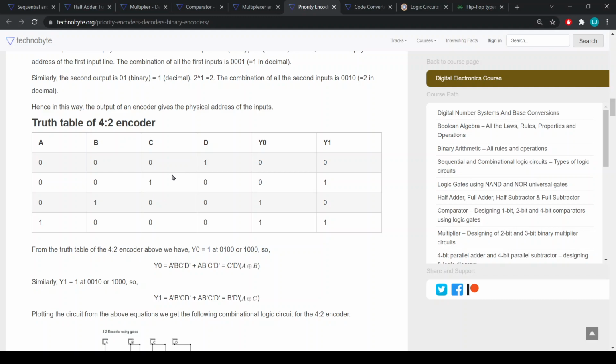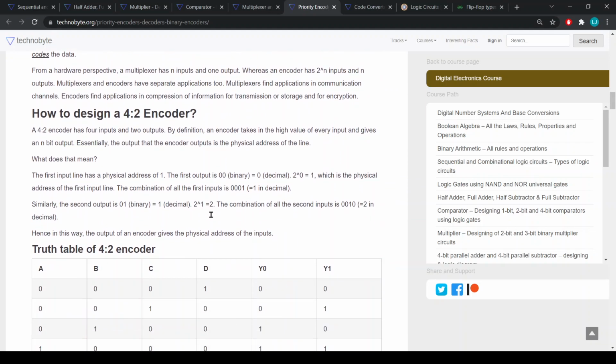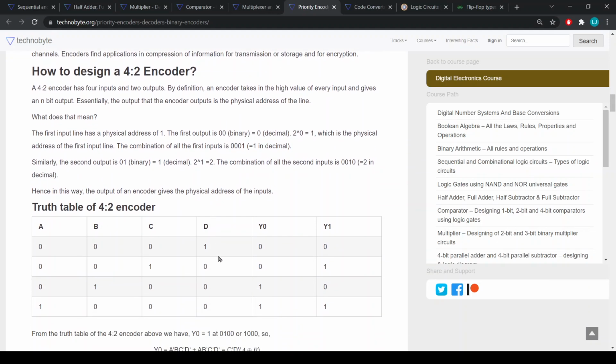The encoder outputs the value of... So for example, you have A, B, C, D, and you have 0, 0, 0, 1.